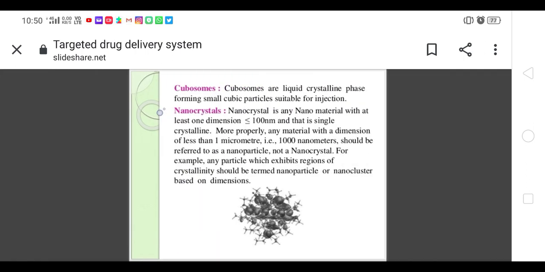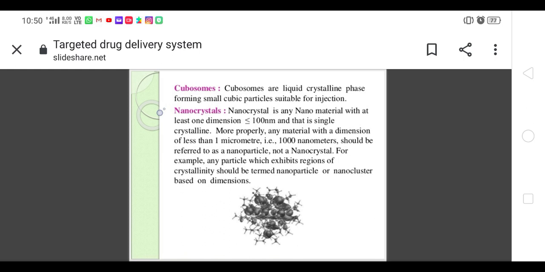Okay, now the last ones are cubosomes and nanocrystals. Again, cubosomes are liquid crystalline phase which form small cubic particles suitable for injection. Nanocrystals are a nanoscale material with at least one dimension less than 100 nanometer and it's single crystalline.